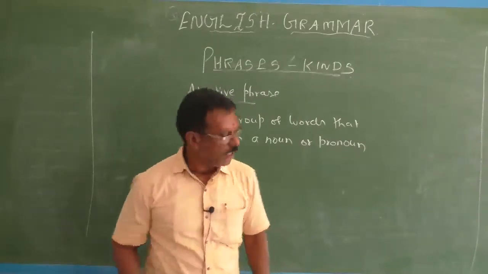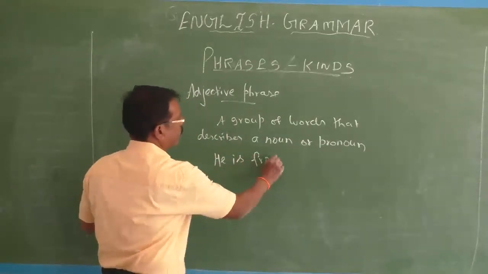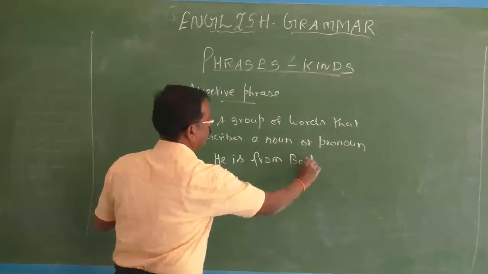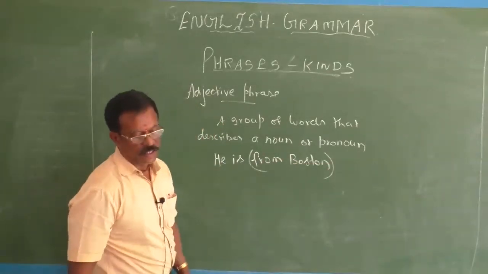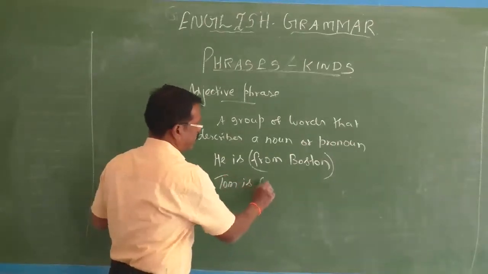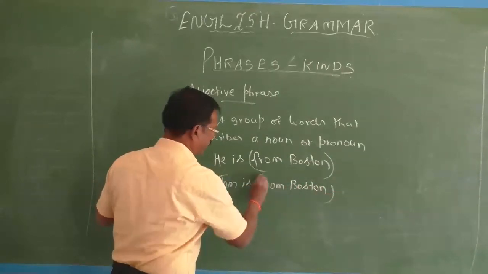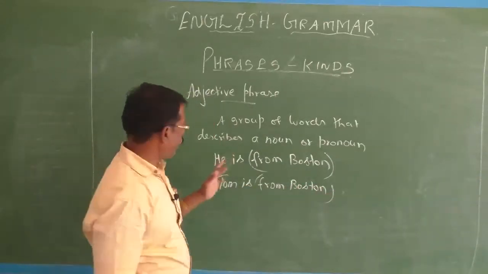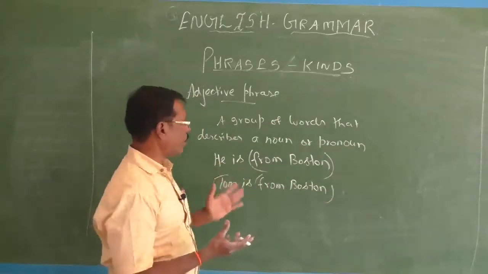For example, he is from Boston. Here, from Boston is an adjective phrase. Tom is from Boston. Here this is also an adjective phrase. In the first, this adjective phrase from Boston describes the pronoun he.